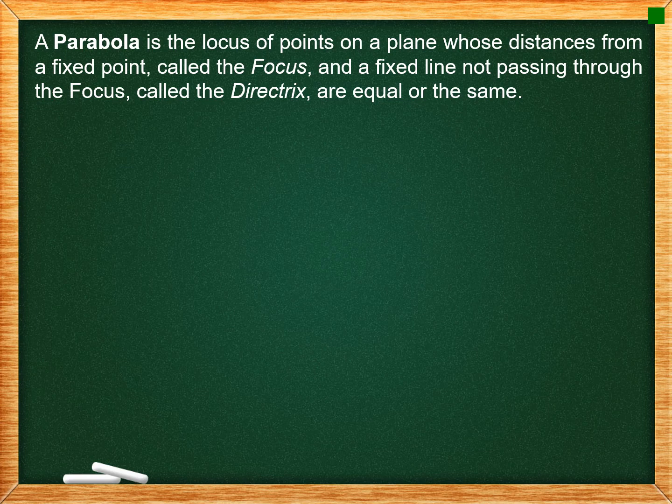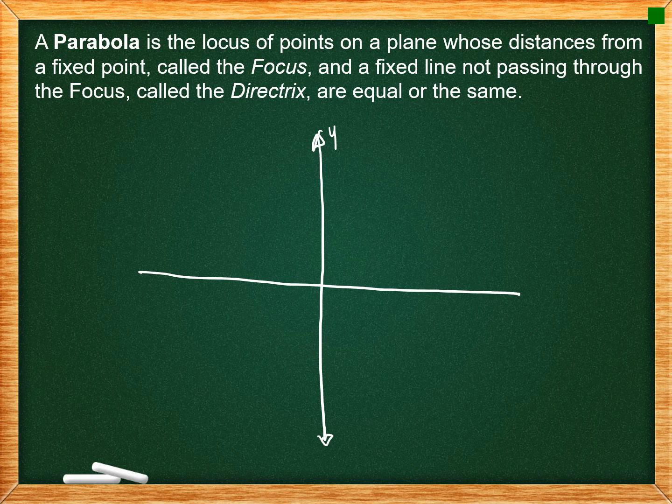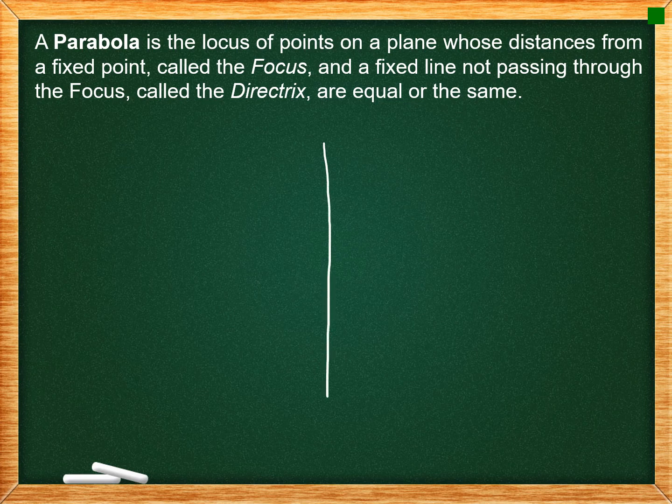Let me do it again. Takes me a lot of concentration. I'm really new to this. Again, it's not really straight. One more time. Okay, this is our y, and this is our x.